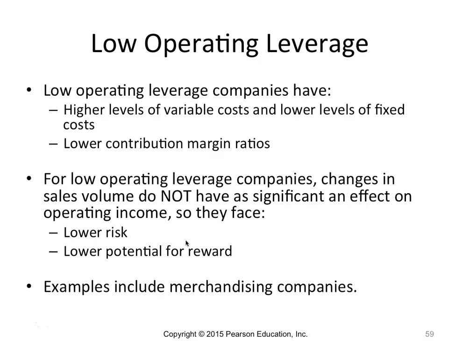So examples include merchandising companies. Merchandising companies always have lower fixed operating costs, but they have higher variable costs, and so their margins are very low.